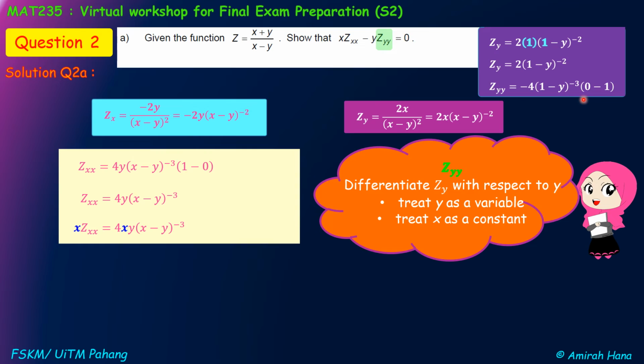Then we need to multiply by the derivative of the function in this bracket. Differentiate 1 equals 0, and then minus differentiate y with respect to y equals dy over dy, which equals 1.